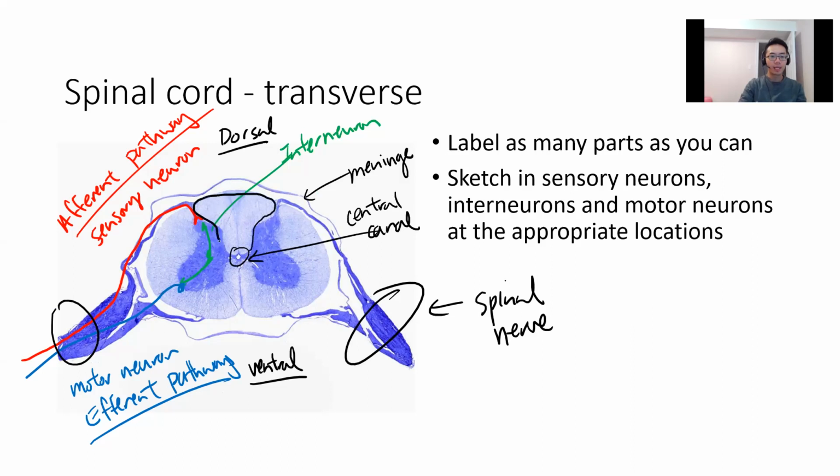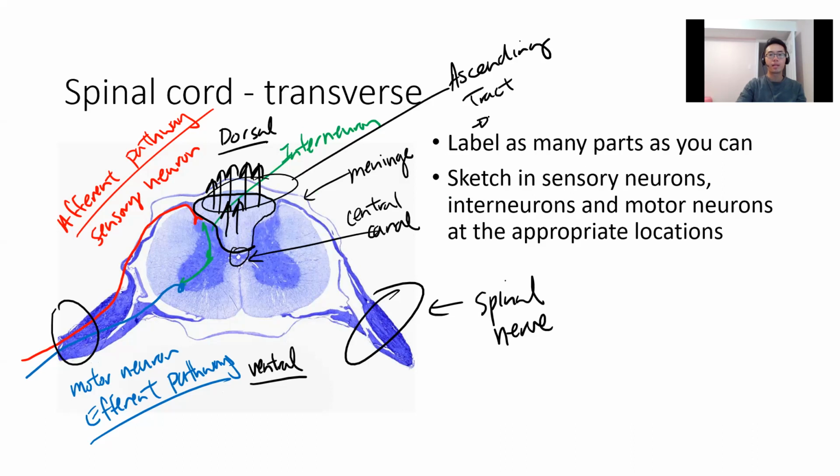What are we going to find at the back here? You're going to have ascending and descending tracts. Yep, at the back is going to be the ascending tracts, so all these things going up to the brain. They are going to be taking sensory information to the brain.